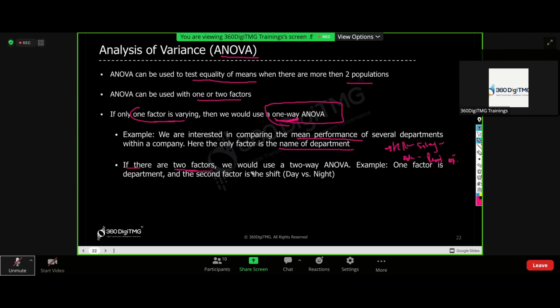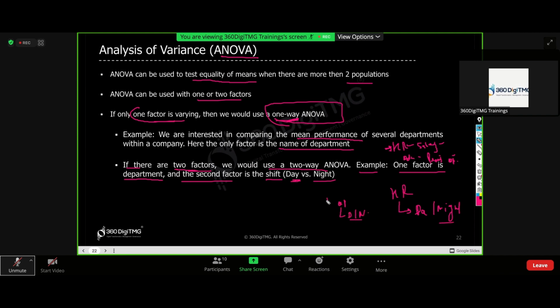For example, if there are two factors, we should use two-way ANOVA. One factor is the department, and the second factor is the shift, whether it is a day shift or night shift. In HR we generally do not have that, but when it comes to operations, you have day shift or night shift, right?